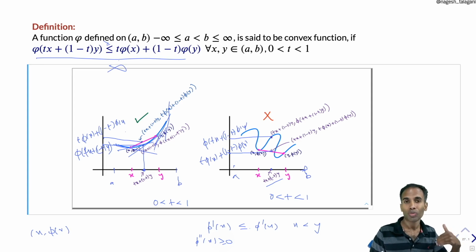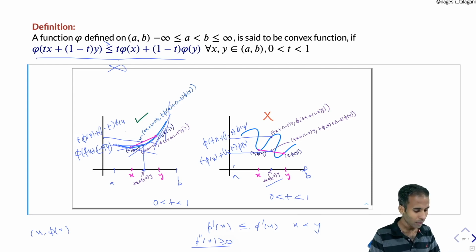If it is twice differentiable, simply look at the second derivative. Most of the time we will be dealing with differentiable functions, so we don't have to look at the definition. If the double derivative is non-negative, yes, otherwise no.